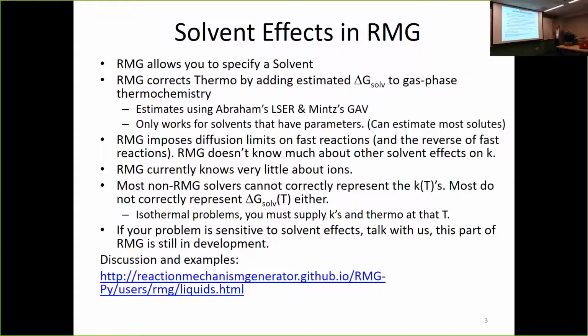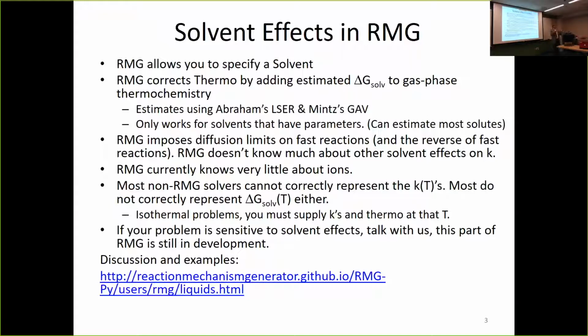Second solvent effect is diffusion limits. When RMG is building a model in solution phase, it imposes limitations on how fast bimolecular reactions can be, actually trimolecular too, because in the solvent, the rate at which these two species can get close to each other is not quite as fast as it was in the gas phase.